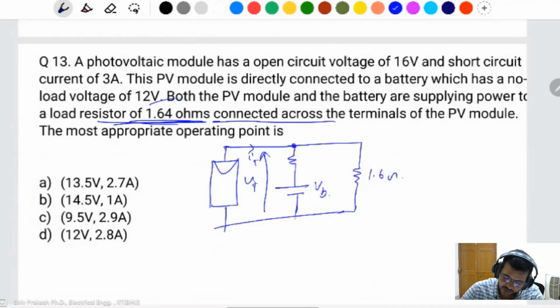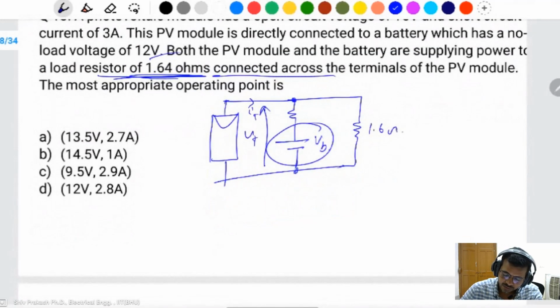If you connect the battery voltage through the load, then the terminal voltage of the battery will decrease in discharging condition. It will reduce from 12 volt, to less than 12 volt, and the only option is 9.5 volt and 2.9 ampere.